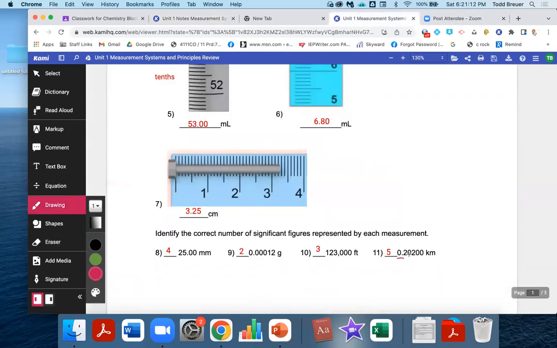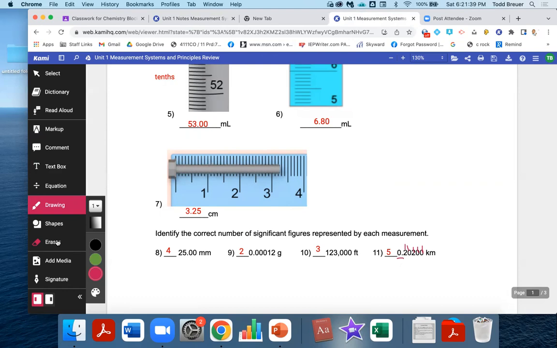So that 0 counts as significant. The 2 counts as significant. And the last 2 zeros on the end all are significant. So we have 1, 2, 3, 4, 5. Those last 2 zeros on the end are what I like to call East Coast zeros because there's a decimal and they are at the end of the value. It's kind of like they're on the East Coast of all the other information.